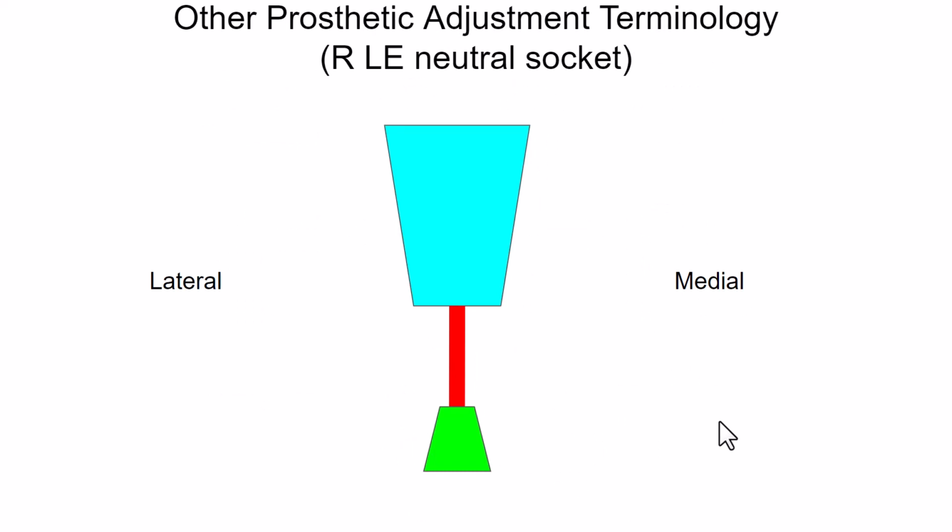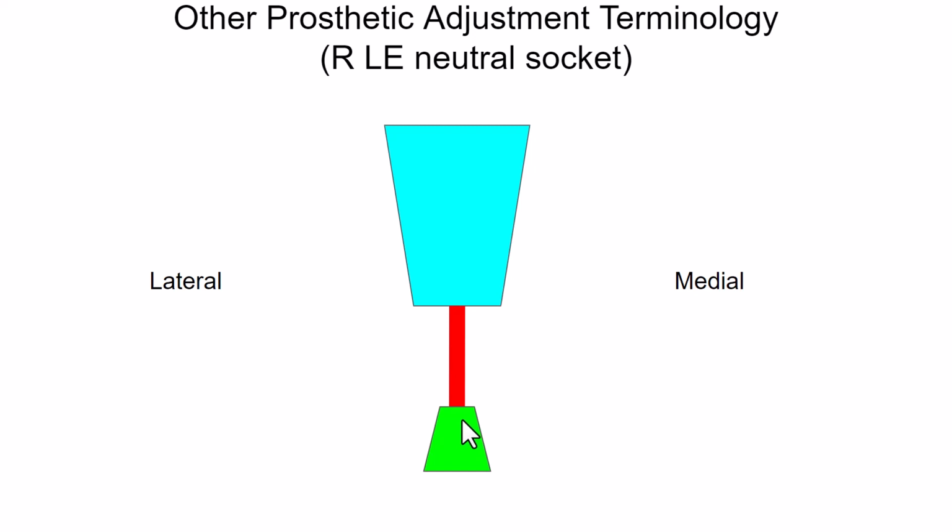Now, moving on to other prosthetic adjustment terminology. What you're seeing here, again, in the blue is the socket, the red is the pylon, and the green represents the foot. Only this time you're looking at an anterior view.